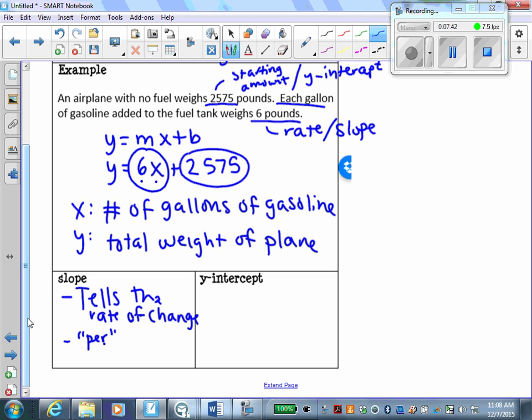Or maybe the word each. Like in this case, it said each gallon of gasoline. The y-intercept, again, is the starting amount. And sometimes it's given as just like a one-time amount. Like it could be the starting fee for a different type of story problem.